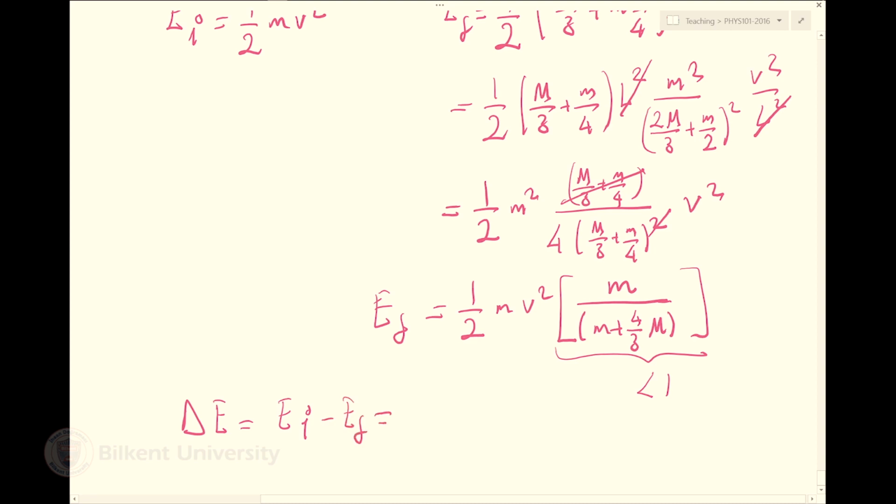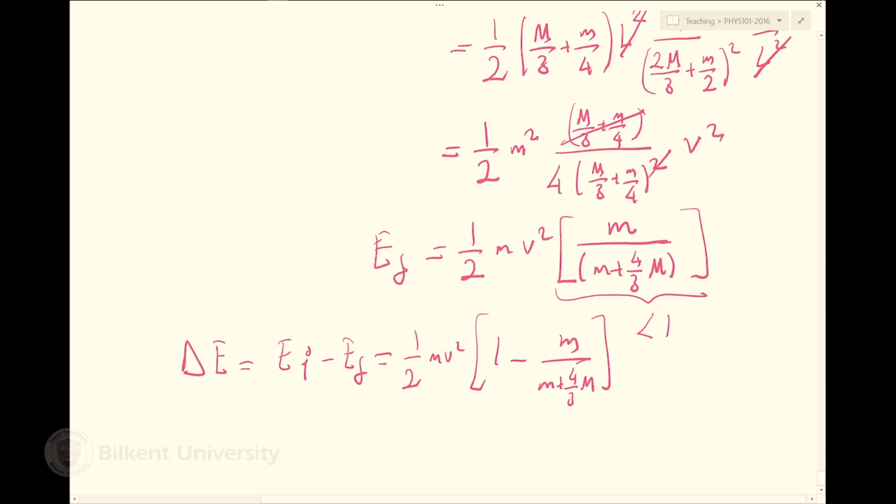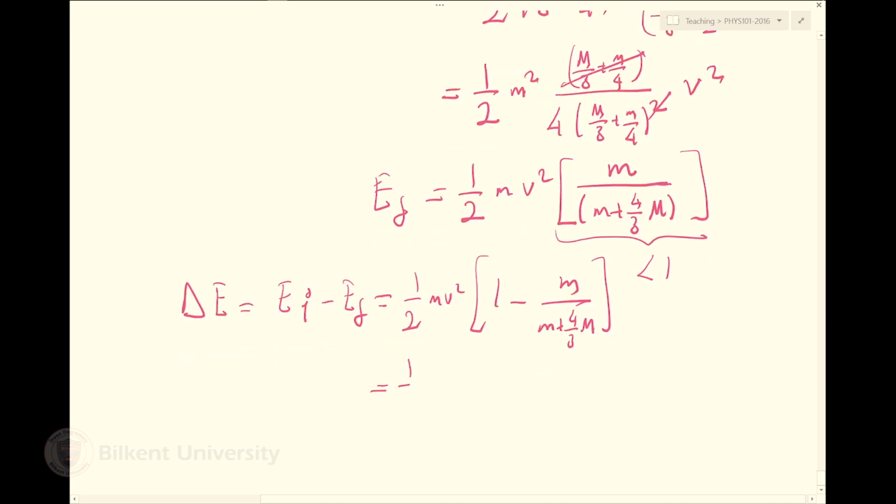That's the energy lost. It's going to be 1/2 mv squared, 1 minus m divided by m plus 4/3 M. So 1/2 mv squared, m's cancel, 4/3 capital M divided by m plus 4/3 capital M. Or if you want, let's get rid of these 3's and write them.